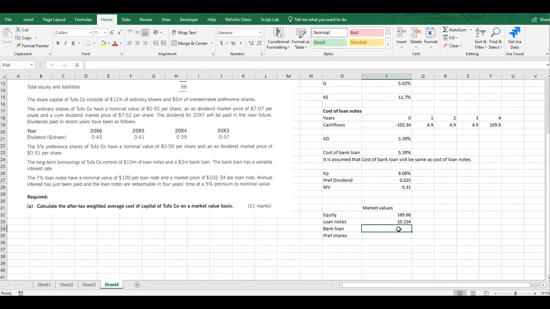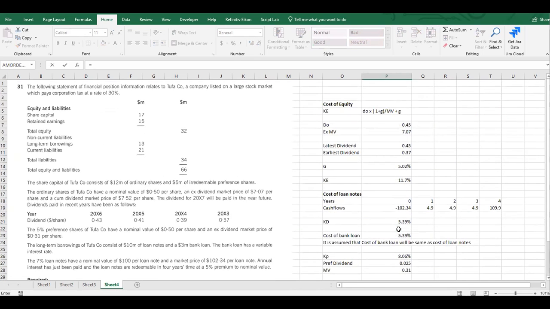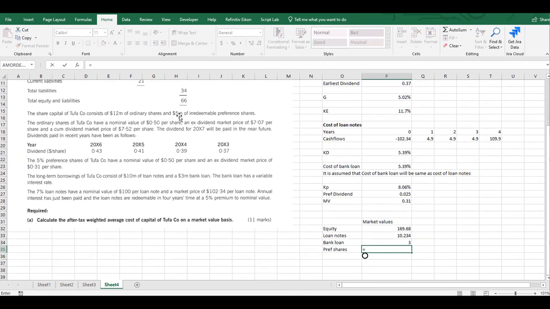Bank loan book value, market value will be same, 3 million. Preference share has a book value of 5 million. And nominal value is 0.5 into market value 0.31. Take the sum of all these, then write the cost.